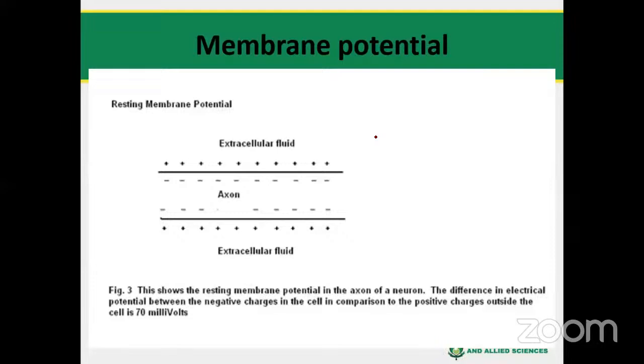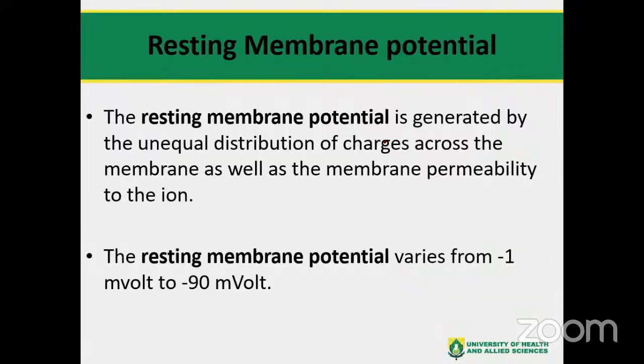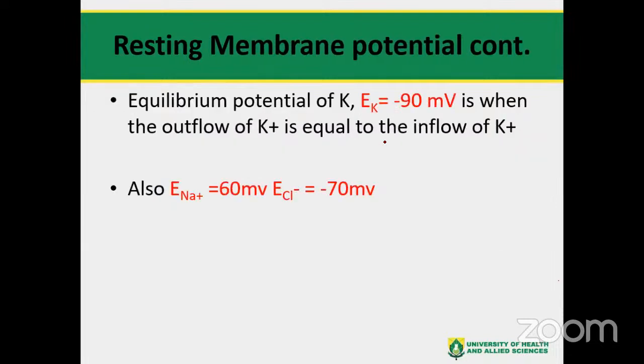The concept I was driving at, we are looking at the equilibrium potential of ions. We are looking at about three of these ions that we'll be using, or more importantly, two: potassium and sodium.